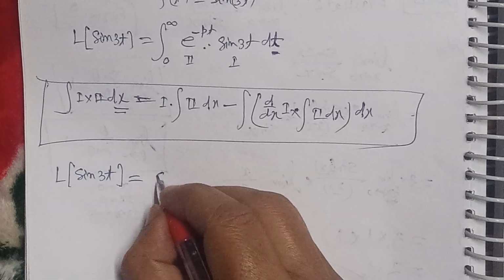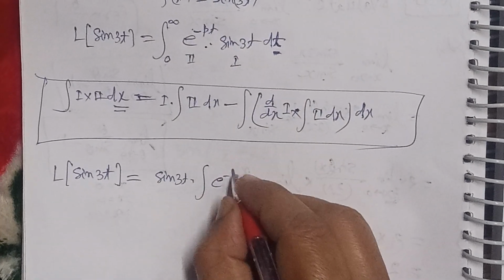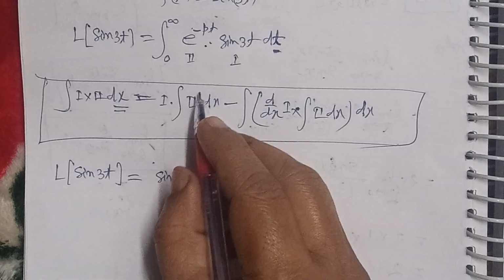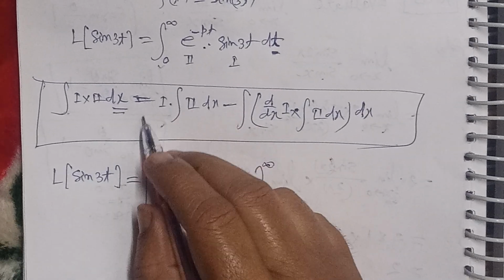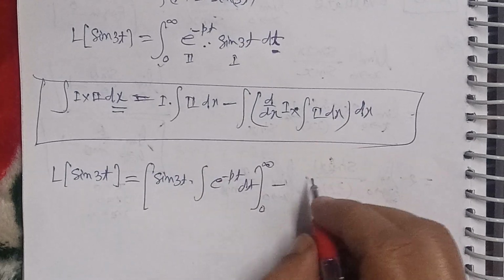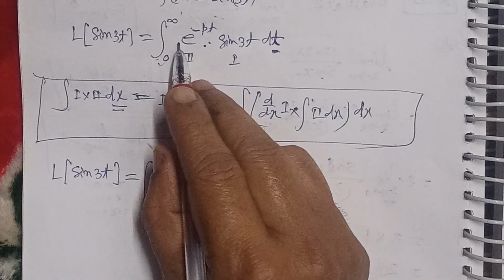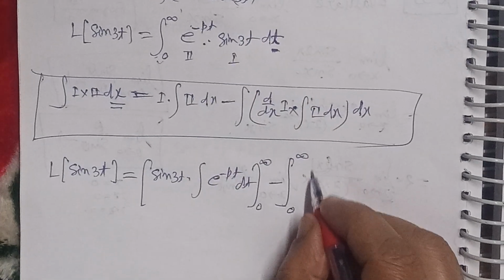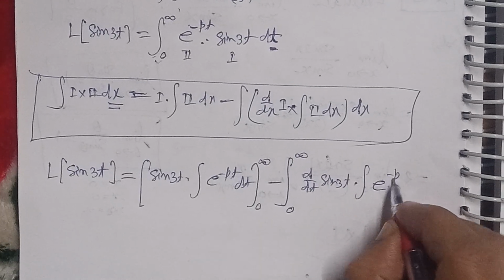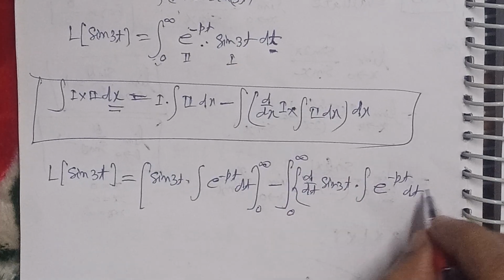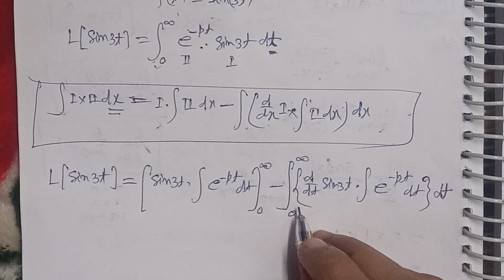So first write first function as it is, integration of second function which is e to the power minus pt dt, and apply limit 0 to infinity on this first term, and after it minus, integrate from 0 to infinity the differentiation of first function, sine 3t, and integration of second function e to the power minus pt, and the multiplication of these two functions we must integrate with respect to t from 0 to infinity.